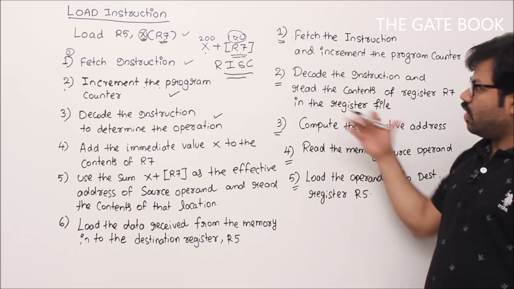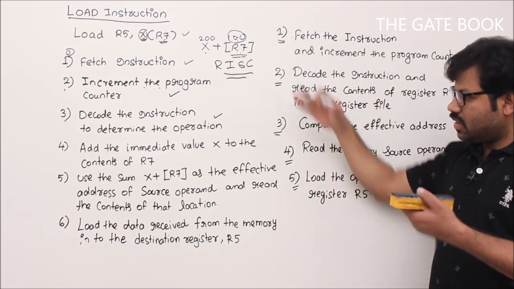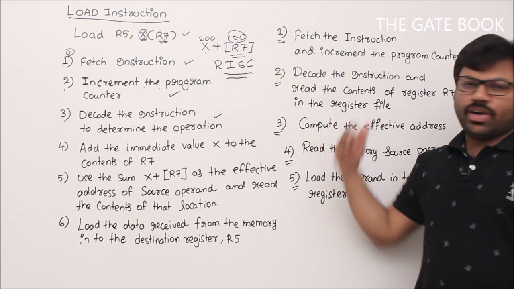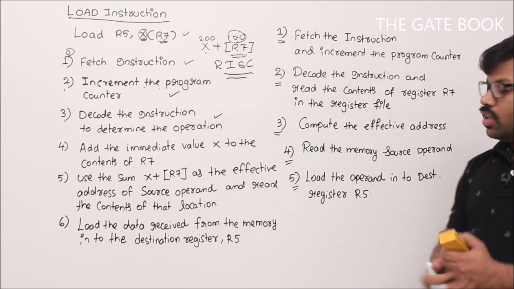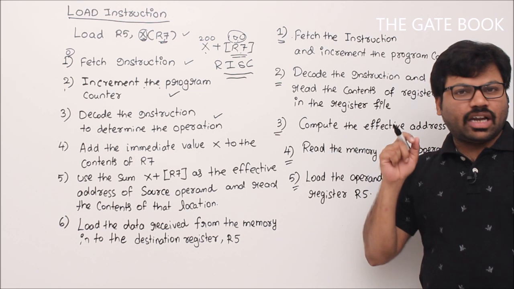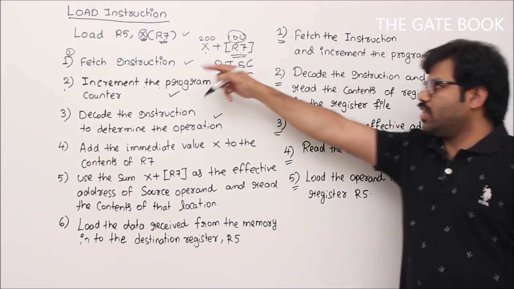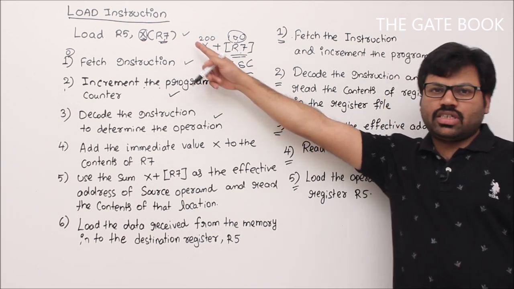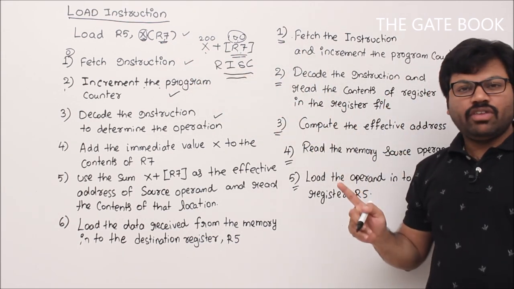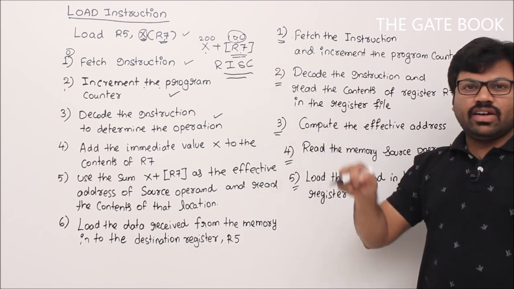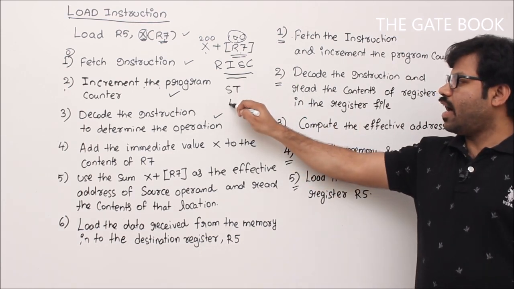Just understand it. Let's say I'm dividing this entire work into 5 parts. How it looks, we will see. Slowly you will realize and be convinced that it is really good to design all the operations of this load instruction into 5 parts. When will you realize it? After learning store operation and add operation, everything.